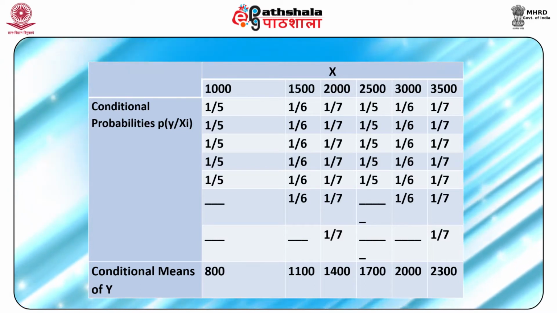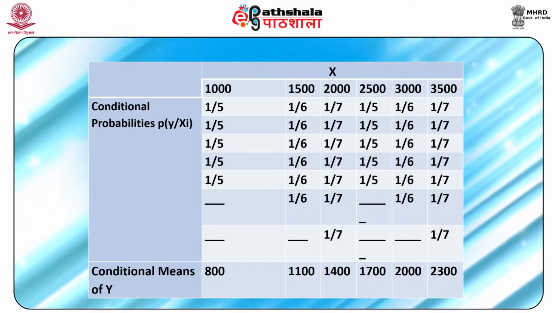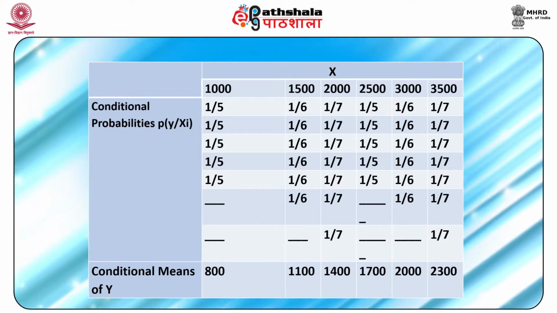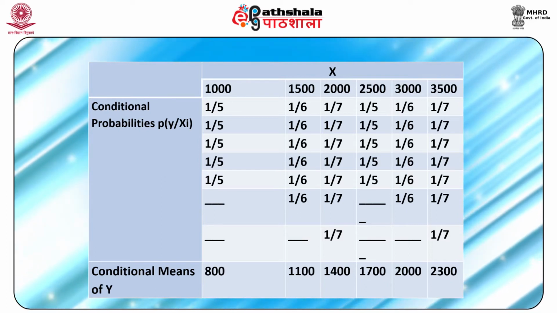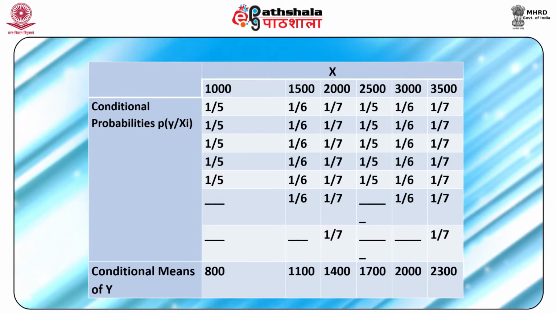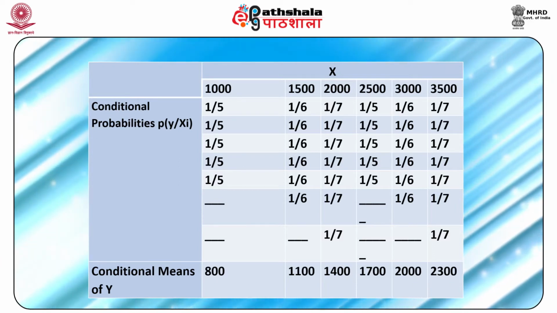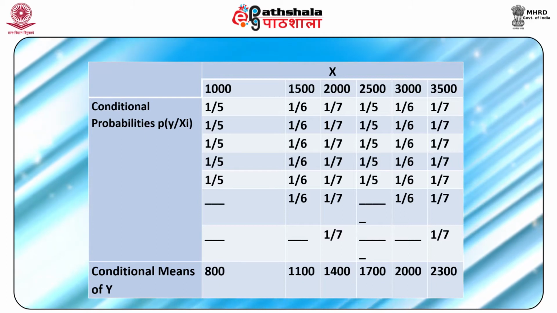So the cell value 1 by 5 is the probability of a particular level of consumption given a particular level of income. If the income is 1000 rupees, the probability is 1 by 5 that a particular family will have a particular level of consumption, because there are only 5 families in this category.